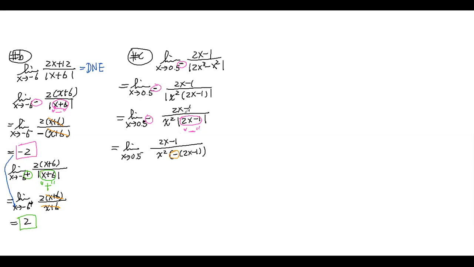And then you see the 2x minus 1 and 2x minus 1, you can cancel out. Then when x approaches 0.5, it will really just be negative 1 times 0.5 squared, right? So you will get negative 4 here as your answer.